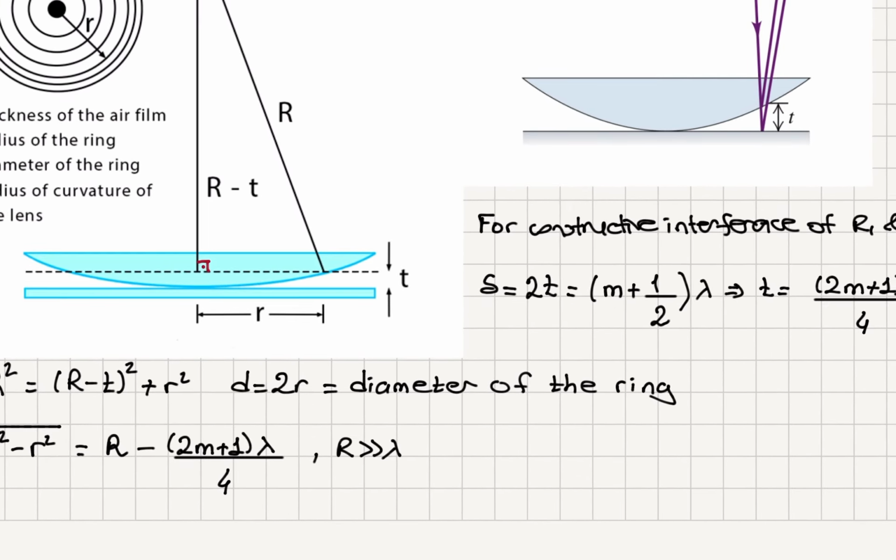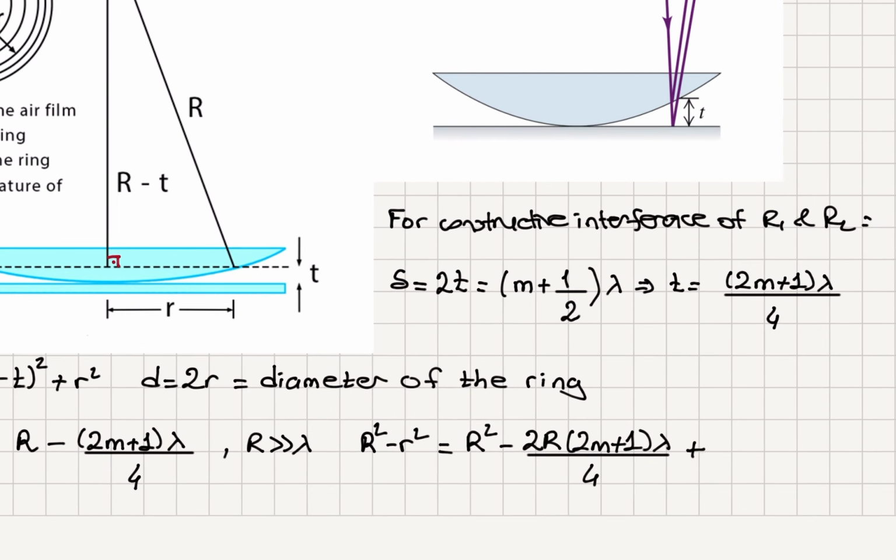Okay, so if I square both sides, I will obtain capital R squared minus r squared is equal to capital R squared minus 2 capital R (2m plus 1) lambda divided by 4, and then I have plus ((2m plus 1) lambda divided by 4) squared.